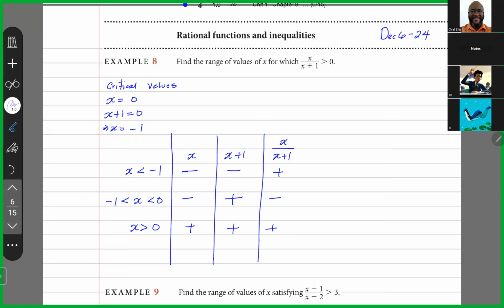So what I want are the values of x for which x over x plus 1 is greater than 0.